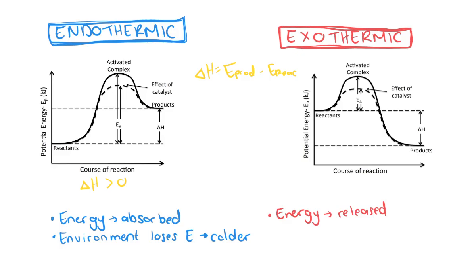So the chemical system's energy decreases, which means your change in enthalpy, your delta H, will be smaller than 0. Your environment's energy will increase while your system's energy will decrease. So remember, if I have a small value minus a large value, it will have a negative answer. So that is why my delta H will be smaller than 0.